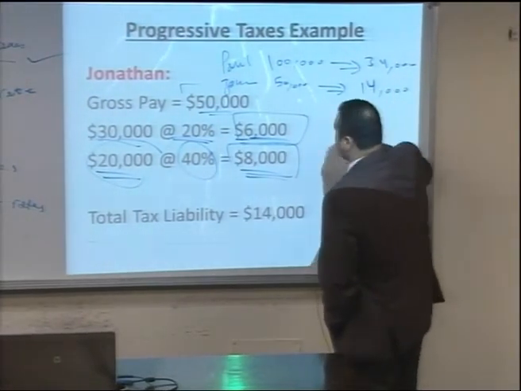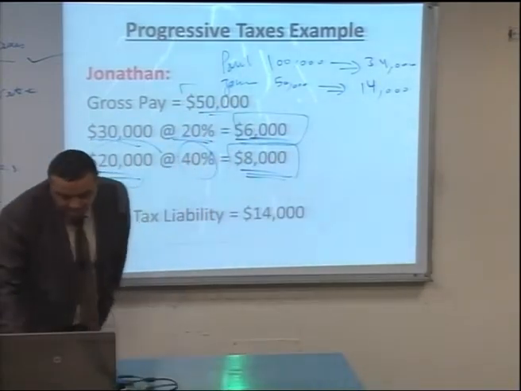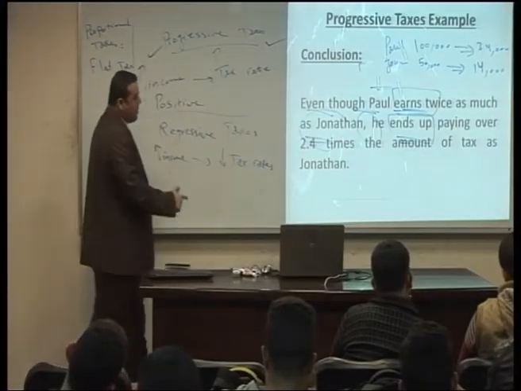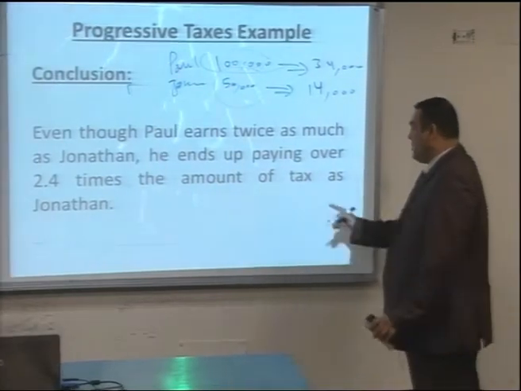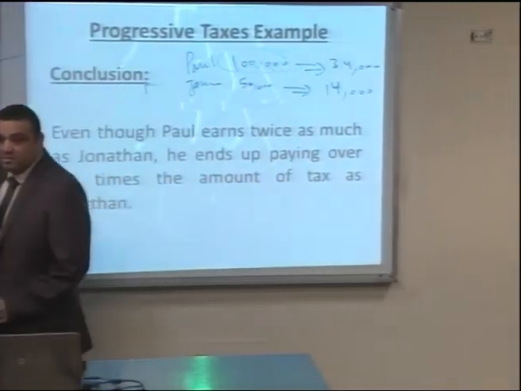What do you see? Even though Paul earns twice as much as Jonathan, he ends up paying over 2.4 times the amount of tax that Jonathan pays.